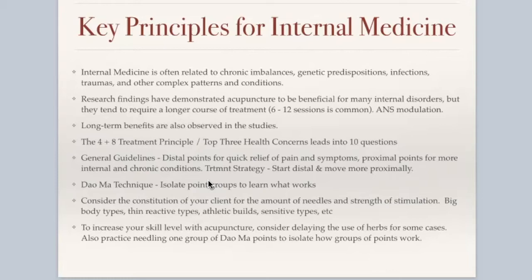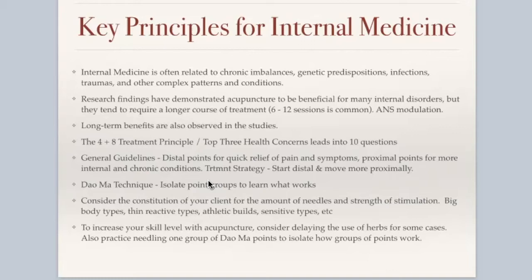Now, excuse me if I go on too much about this top 3 health concern thing, because I do drill on it a lot, but it's a really important thing to understand. Say someone comes in with a difficult to treat condition like dizziness or tinnitus or neuropathy or chronic asthma, or hypertension.